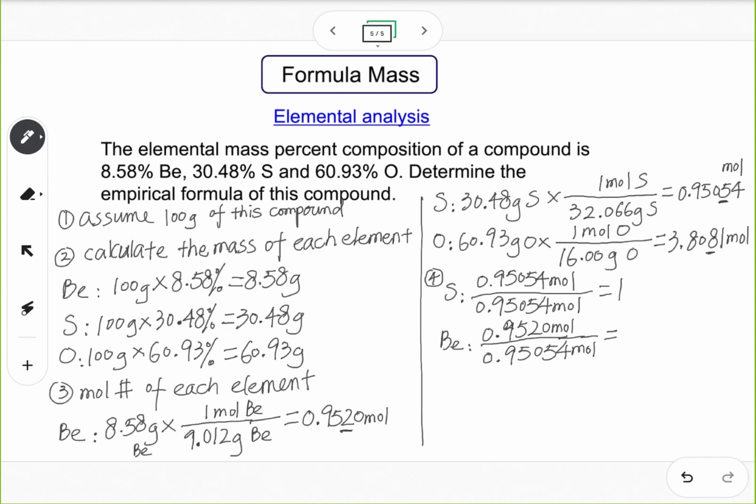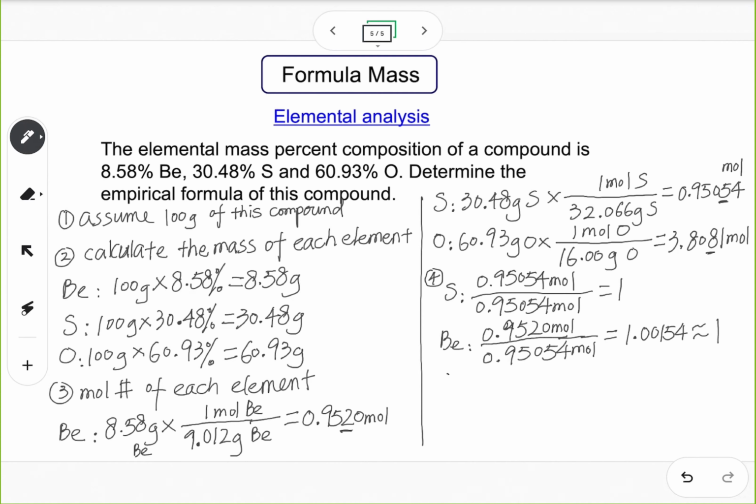That equals 1.00154 ratio. Now as you notice, this number is very, very close to 1. And we know that in order to come up with the formula, you have to find the smallest positive integer ratio. So we have to keep an integer ratio based on this number. Since this is very close to 1, you can drop all of the tail behind the decimal point. So roughly this is going to be 1.